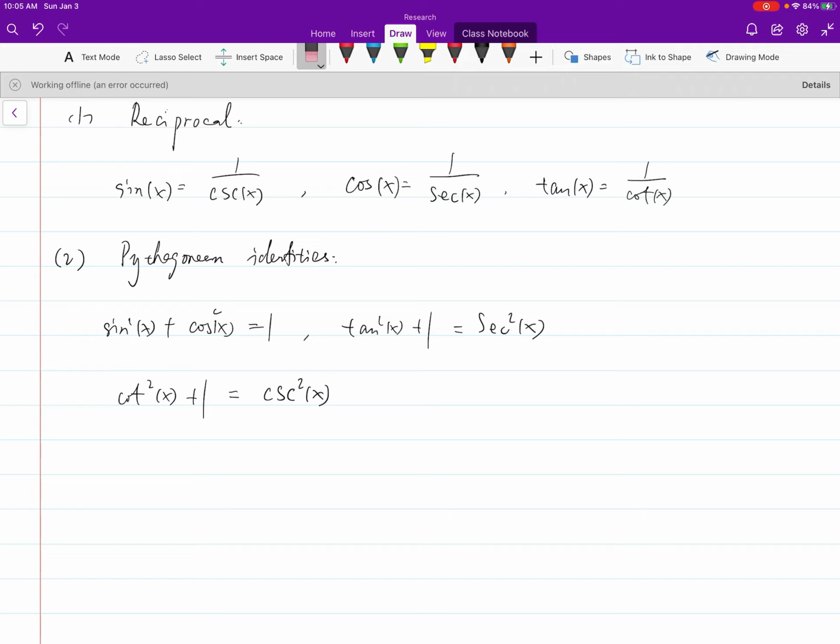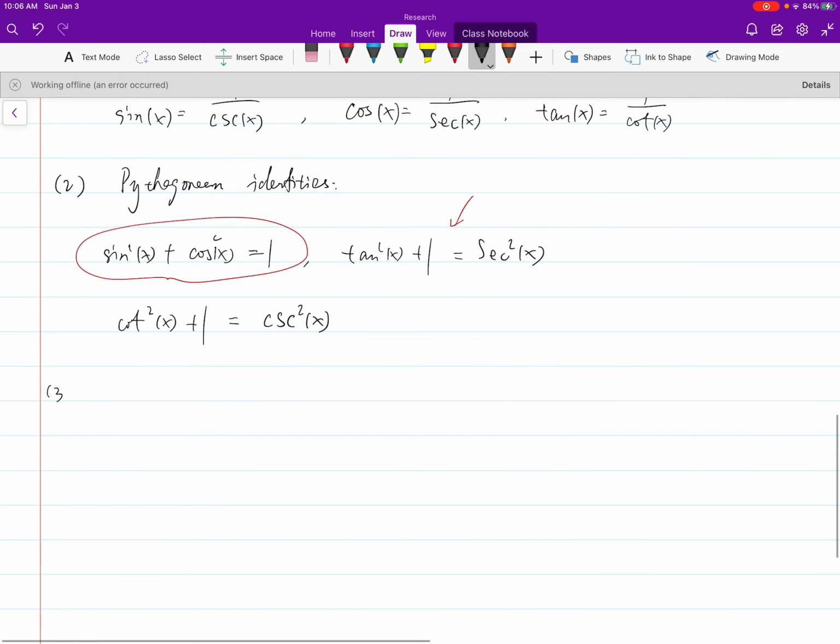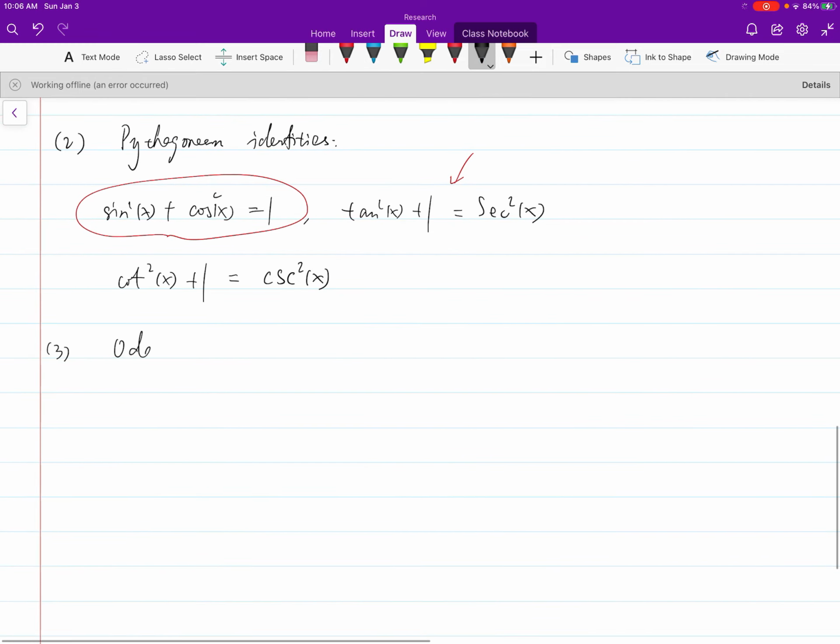The third one we rarely see, but I'm just going to put it here. And usually, if you don't know about these last two, you can get both of them from the first one by doing additional work. So I would say the first one is the most important, but in our class, make sure that you know these too.